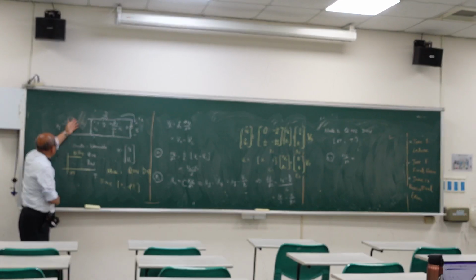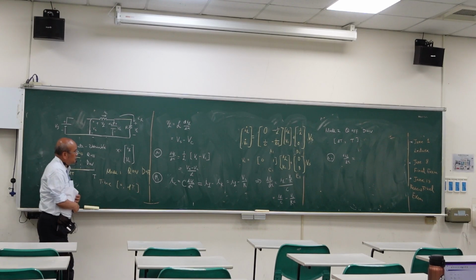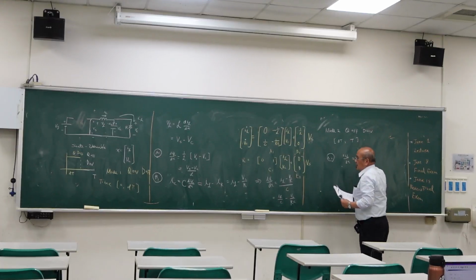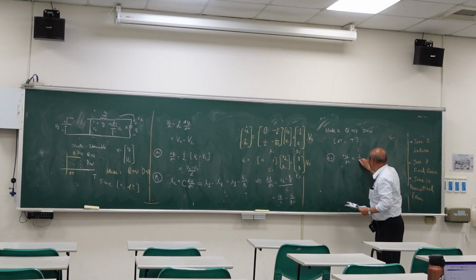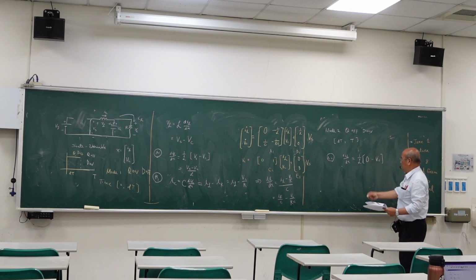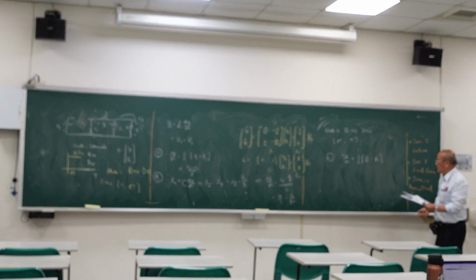Because when the switch is on, this is Vs, but now Vs becomes 0. So what is this equation? This is 0, minus Vc.